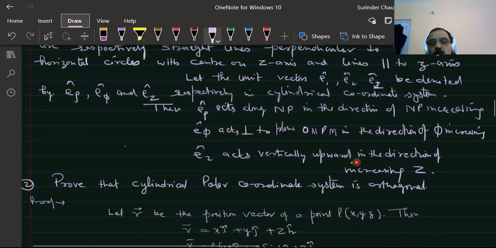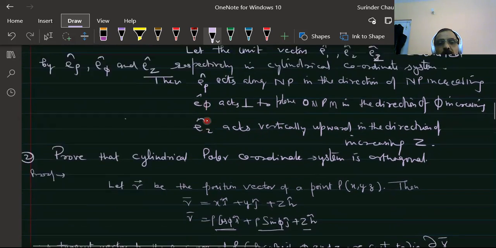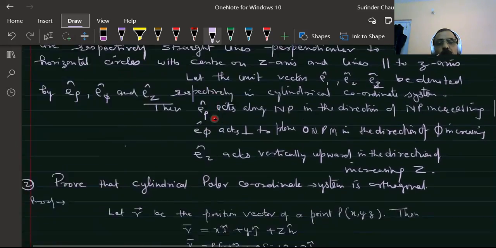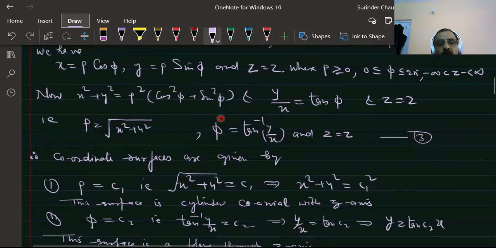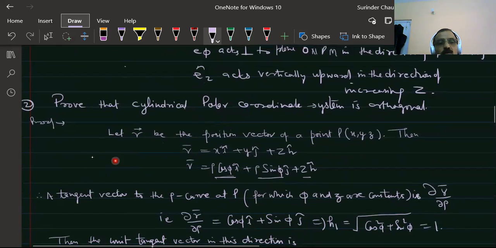And we know that in cylindrical coordinates the direction of these vectors varies from point to point. Now we prove that the cylindrical coordinate system is orthogonal.